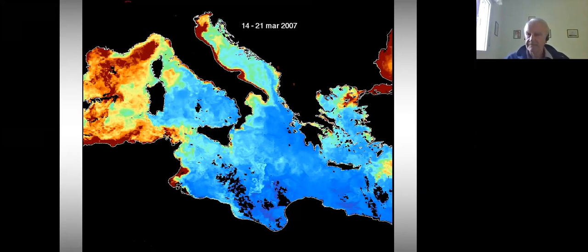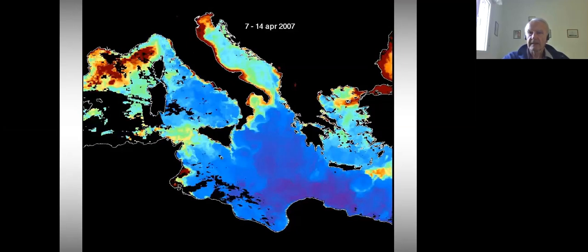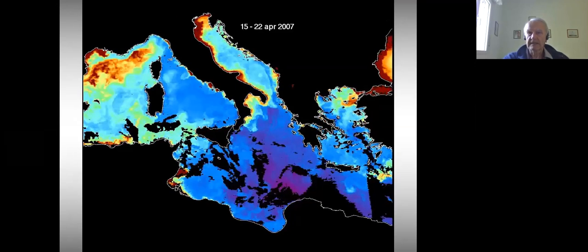So there are changes in the small scale structure, but the large scale and overall structure is more or less present there. Here is how the evolution looked, and here we are at the end.